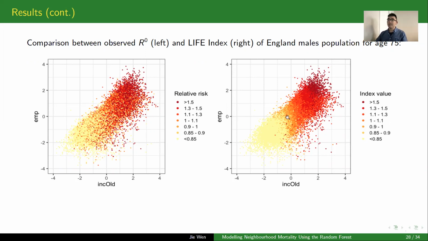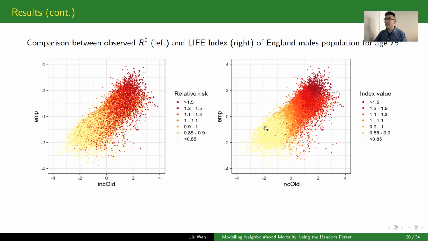We can see that the most obvious difference is that the index is much smoother, because the random forest model helps us filter out a lot of sampling variation from the observed mortalities, which is quite helpful. But both plots follow a pretty similar pattern: those RSOAs having a higher income deprivation score or employment deprivation score tend to have higher mortality risk as well.